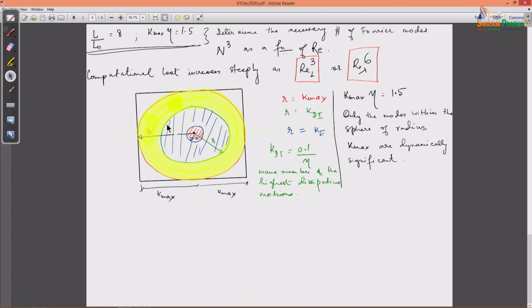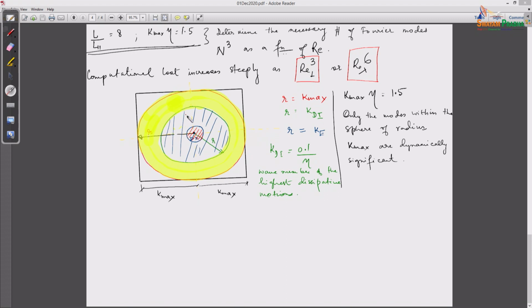So the dissipative modes lie in the shaded area. Rather, the modes which are dynamically significant are all present in this zone here.